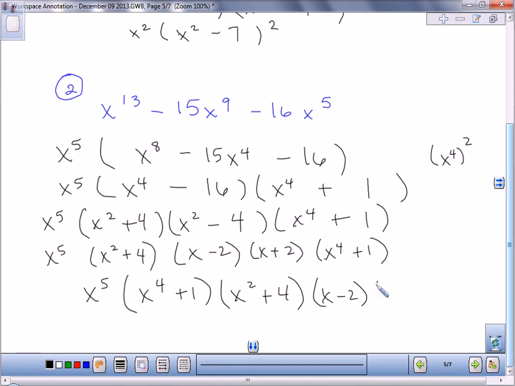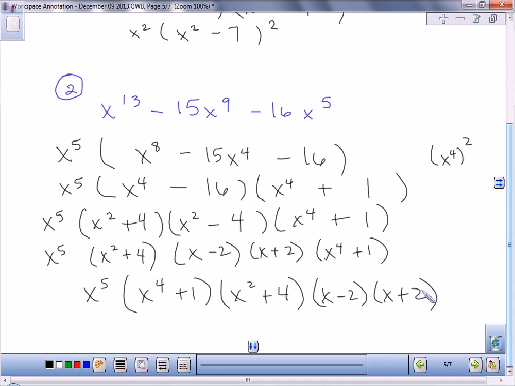Okay, now not everyone we do will factor and then surprise us and factor some more. I just like this one. But all the ones on your homework aren't like this, okay? You might have a couple that have an extra step, but they won't all.